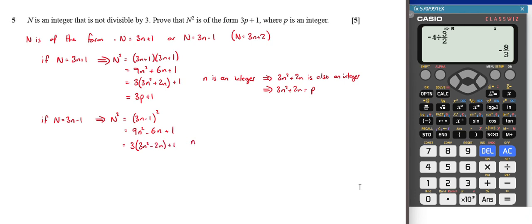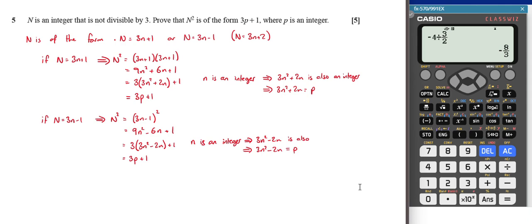Exactly the same interpretation. m is an integer, 3m squared minus 2m is also. And I'm just going to use the idea exactly the same again. And then I would write a concluding statement that proves this.